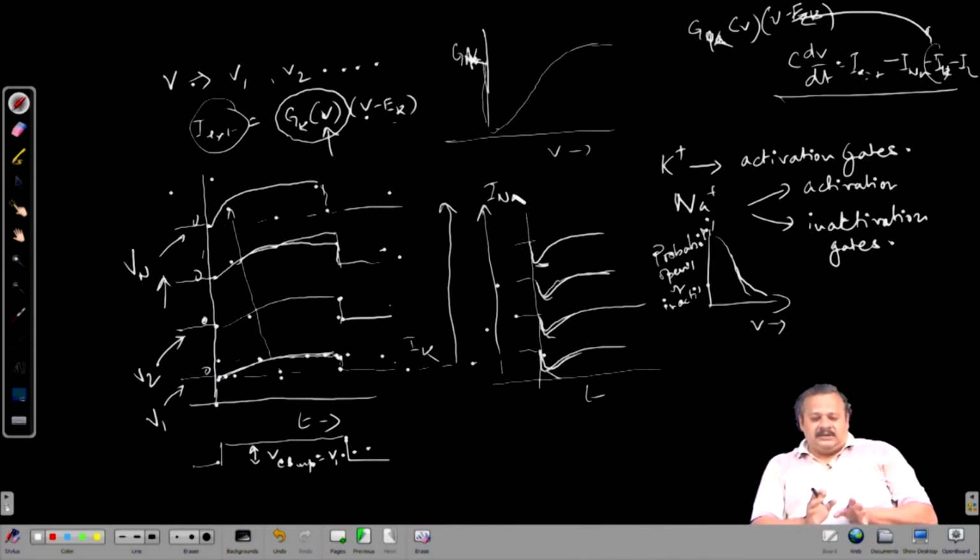With these ideas, we will start off in our next continuation lecture of the Hodgkin-Huxley equations and see how there will be a set of differential equations that will come about by incorporating all these ideas and show action potential behavior. Thank you.